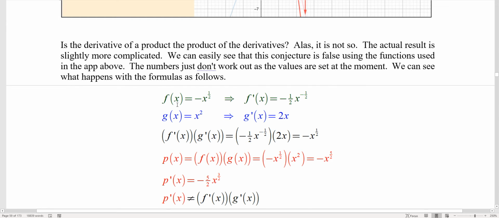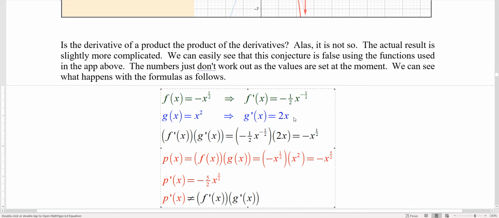So in this example, f of x is minus x to the 1/2. So its derivative, let's see, 1/2 times negative 1 is negative 1/2. Subtract 1 from the power, 1/2 minus 1 is negative 1/2. So its derivative is negative 1/2 x to the negative 1/2. So the derivative of g of x is x squared.